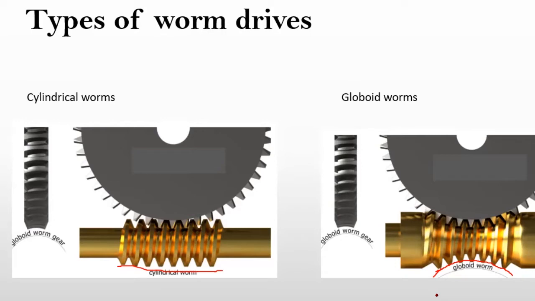The globoid worm can hold more thrust and more load than the cylindrical worm. But it's difficult to manufacture. That is a drawback of the globoid worm. But the globoid worm is robust compared with the cylindrical worm. Clear? There are two major types of the worm drive.